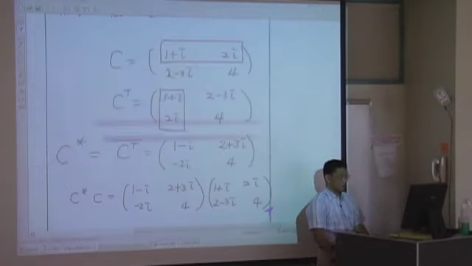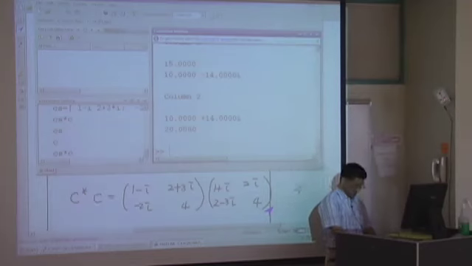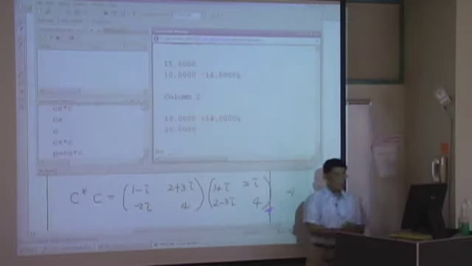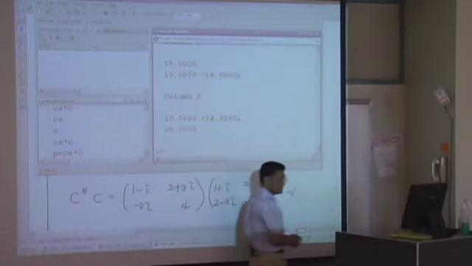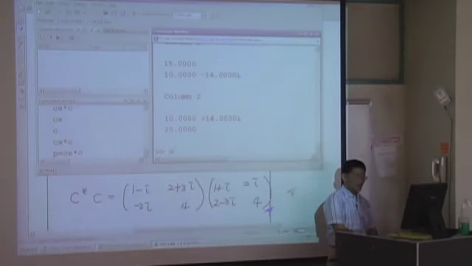Now we want to get the eigenvalues of these. I want to get real numbers instead of imaginary numbers, but that does not matter. Let's get the eigenvalues of this matrix product.